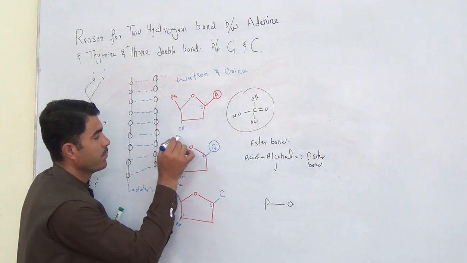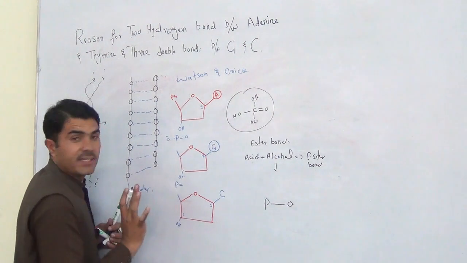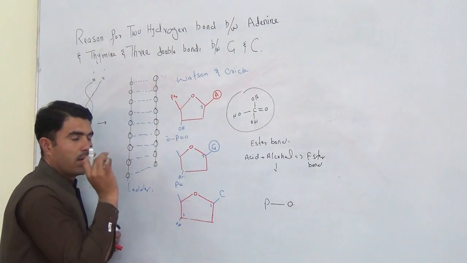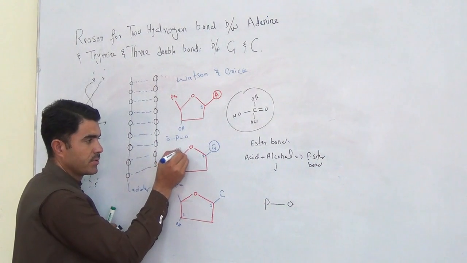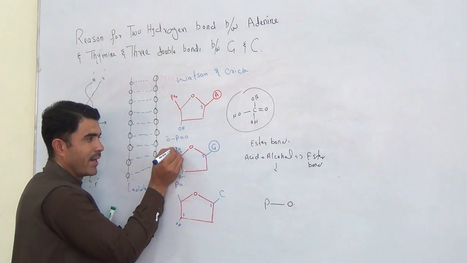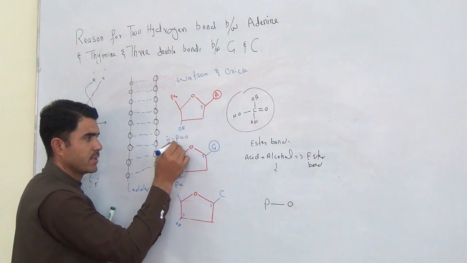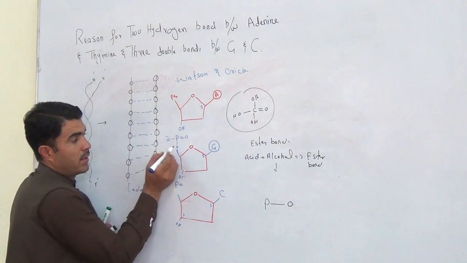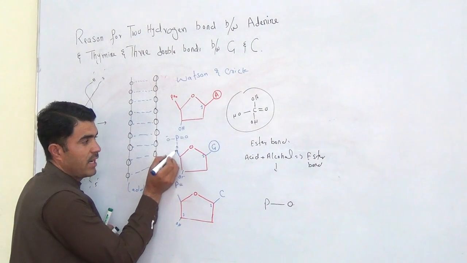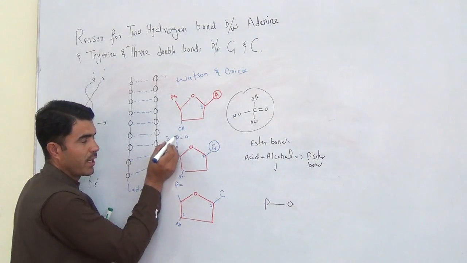Here, yes, P double bond O minus, right? Another O, here we write CH2 and a bond. If I just don't write it, we will just write it as O. Here a new bond is formed between the CH2 and the phosphate.